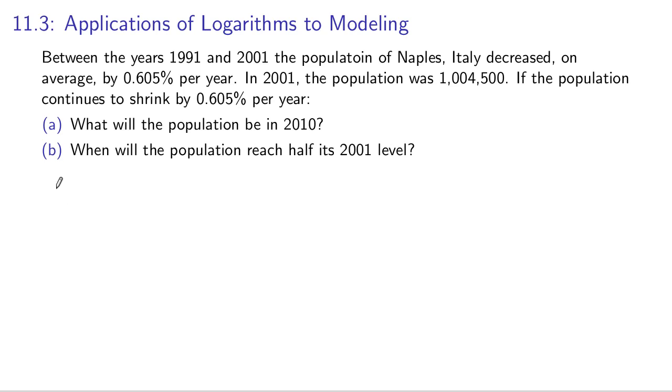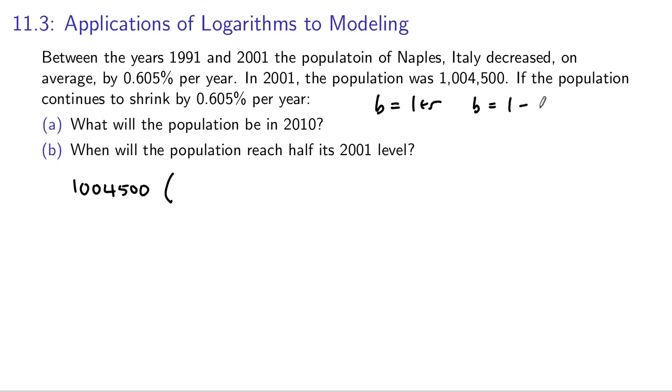So if we set up an equation, in 2001, we have 1,004,500 times the 1.00605. Oh, no, that's growth. This is decay, right? So for decay, b is 1 plus r. We have to subtract, or we have a negative rate.